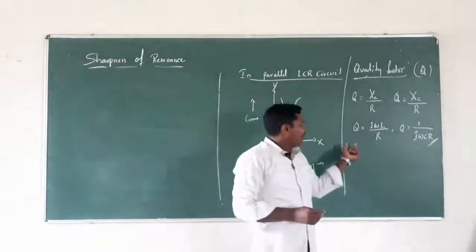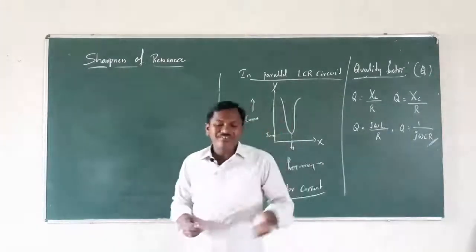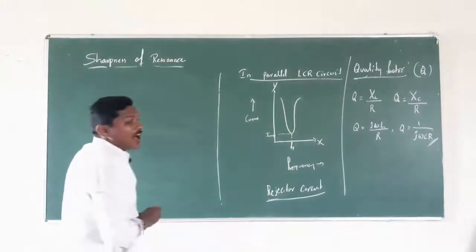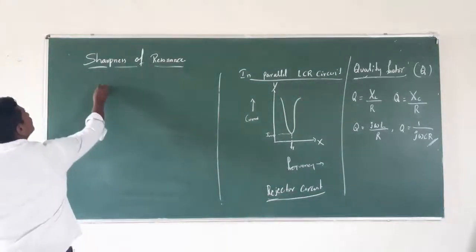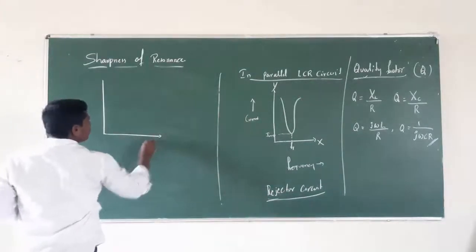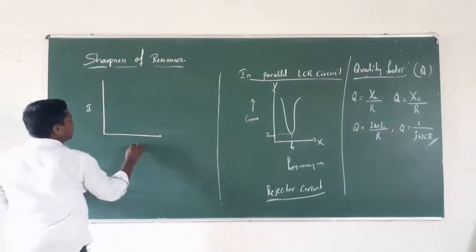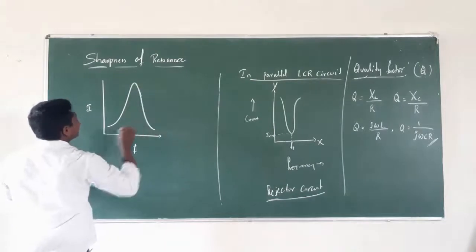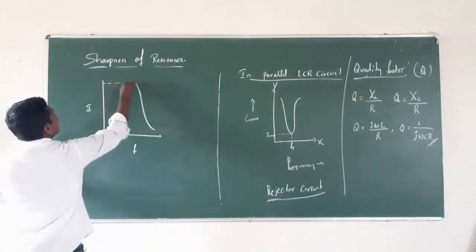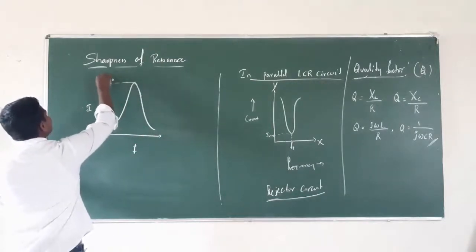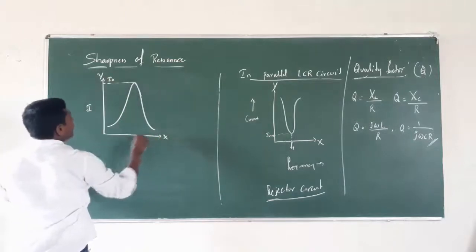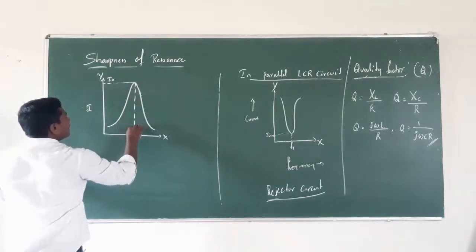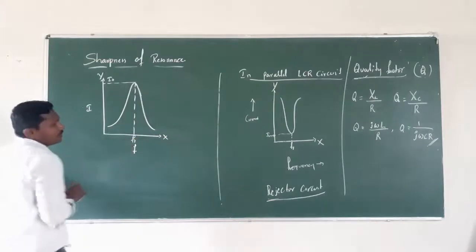Here the quality factor can also be defined on the basis of half power frequency. So here we know that as the frequency increases, the current increases and it reaches a maximum value, and this we consider I naught, for a particular frequency, that is the resonant frequency.